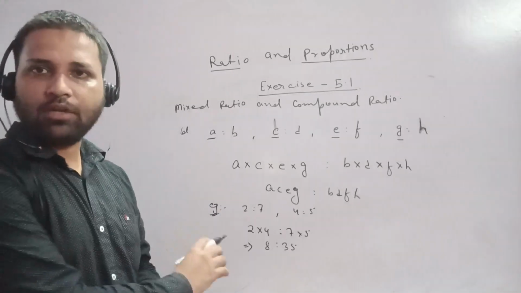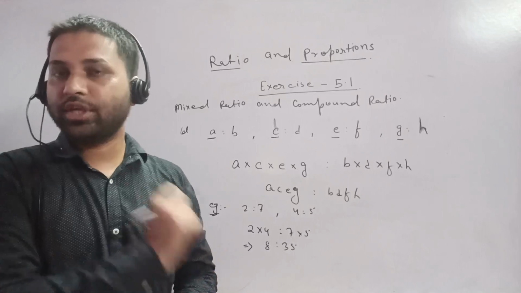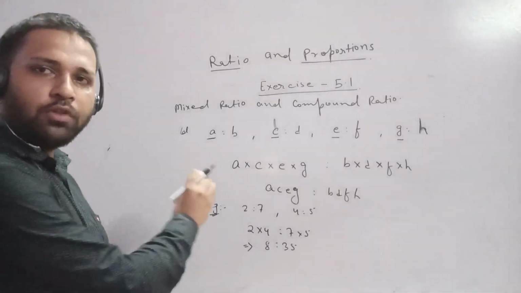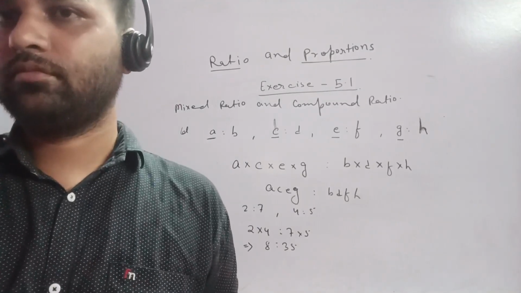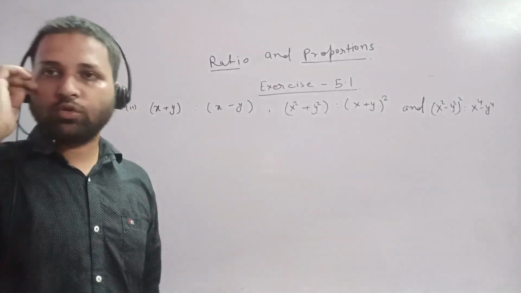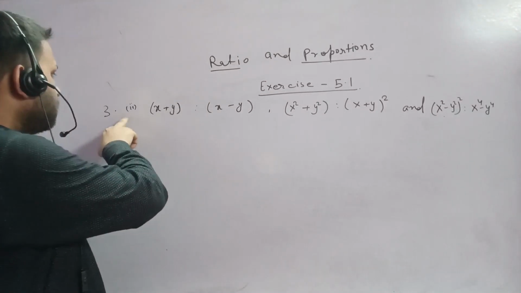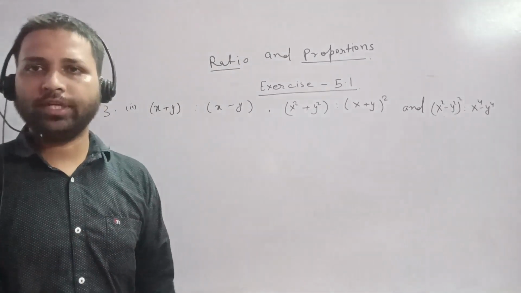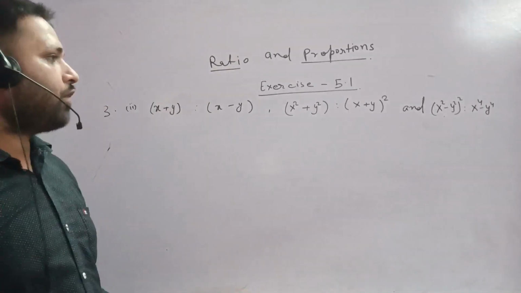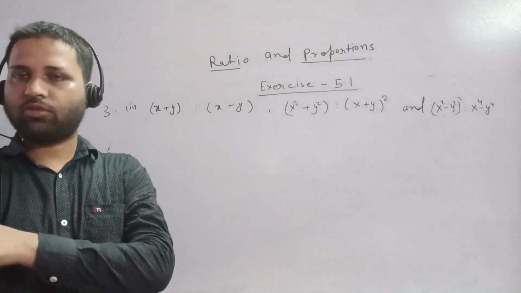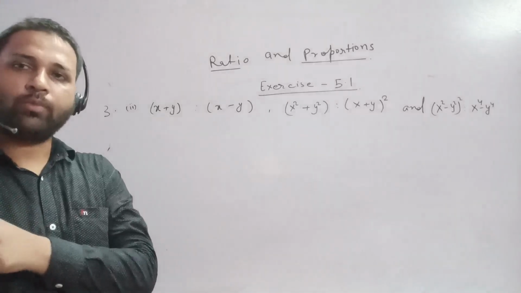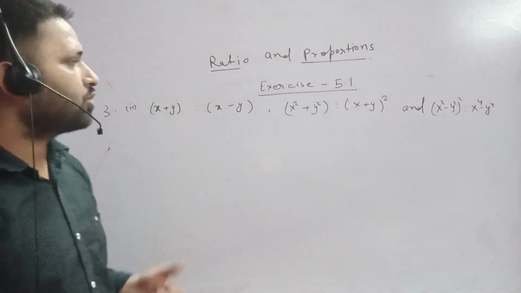Now we are going to see one most important problem on this concept, question number 2 of 3. We have to find the compound ratio or mixed ratio. Three ratios are given.